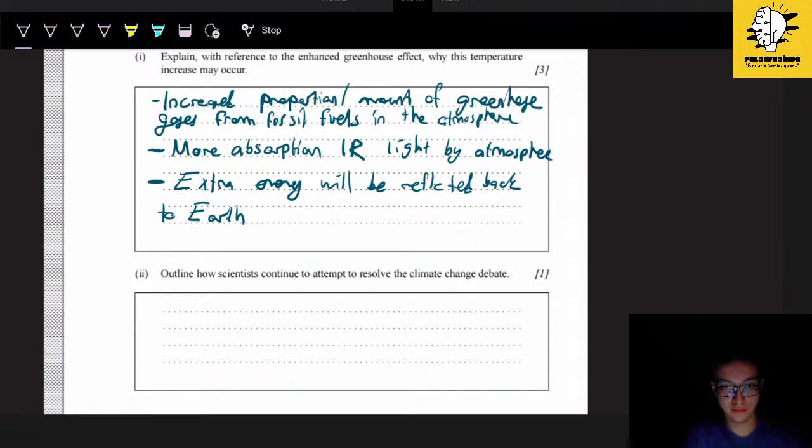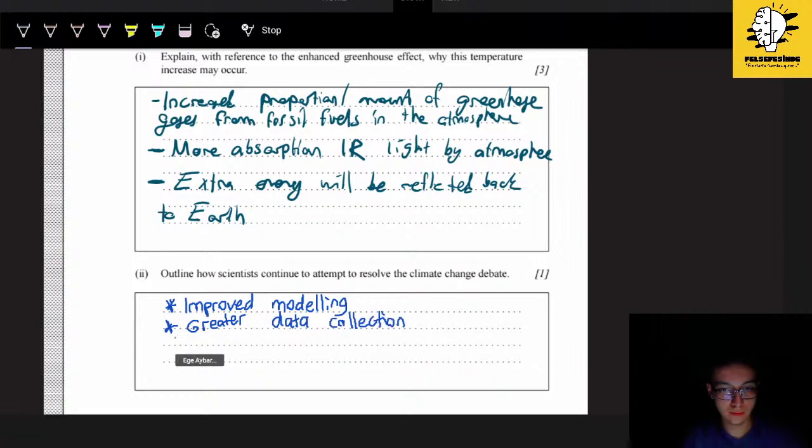So firstly, we can write, and this is a very common point, it could be improved modeling of climate data, or greater data collection. This is quite possible to create new hypotheses.